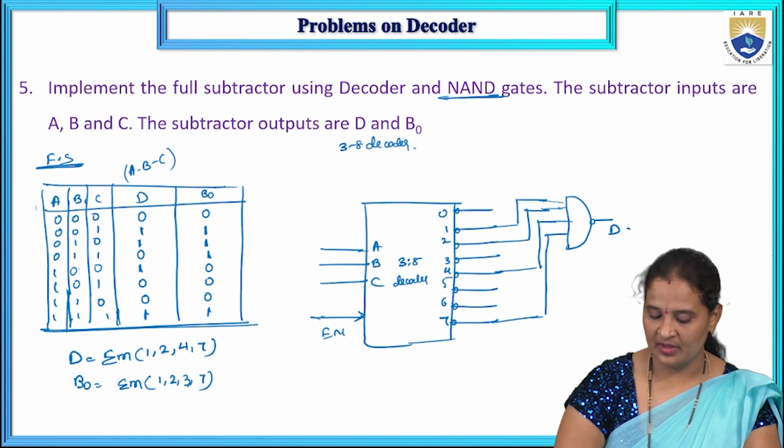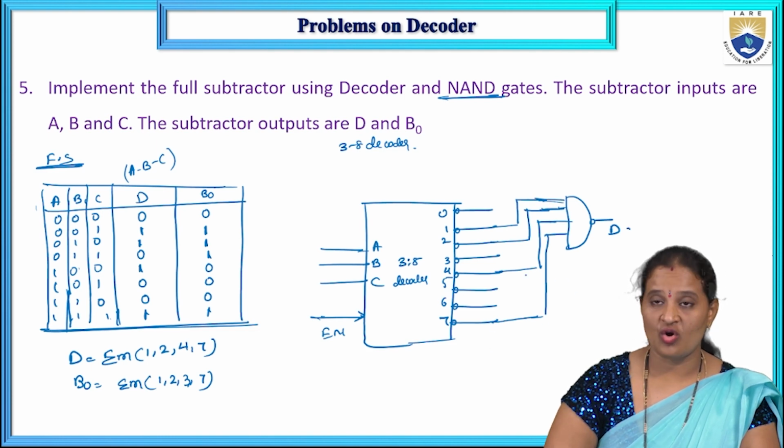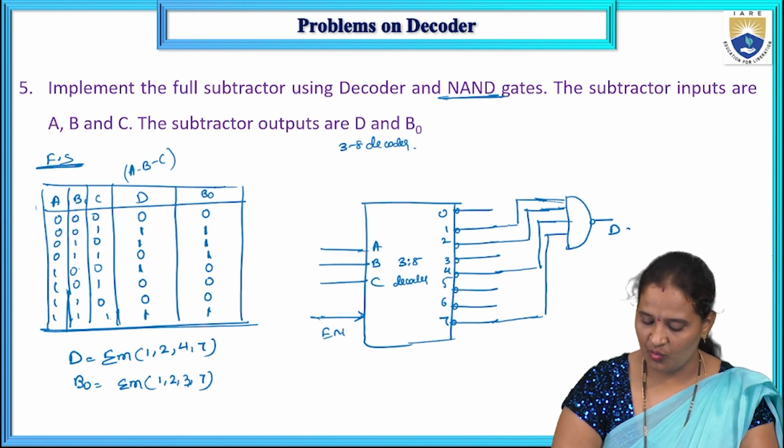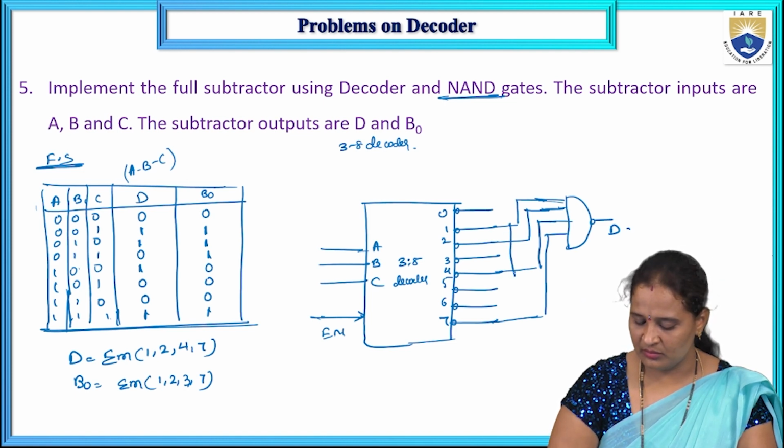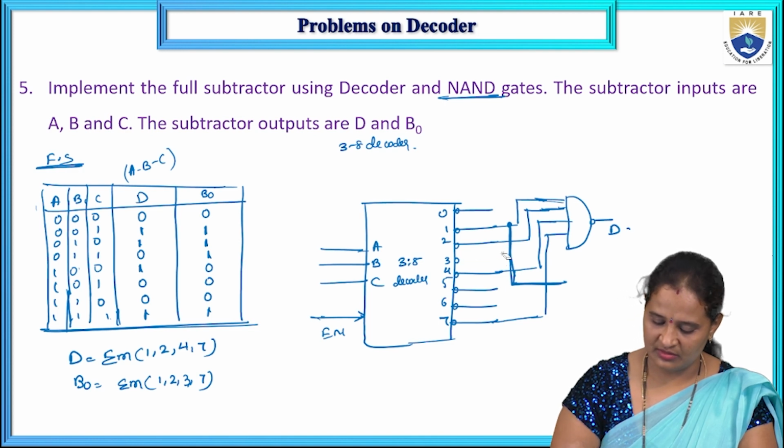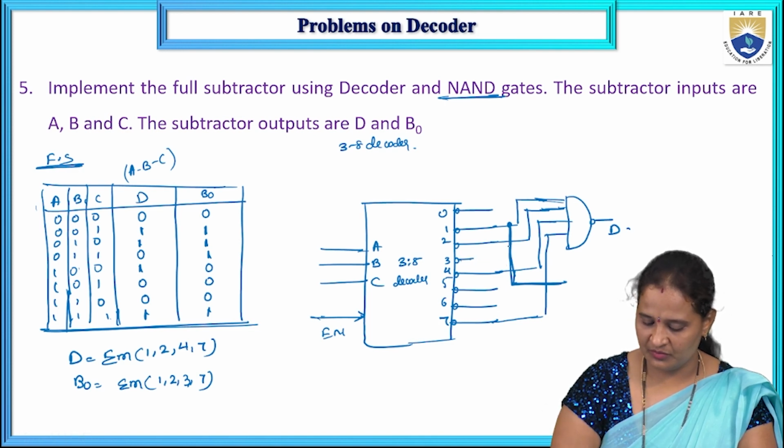Now coming to the borrow output. Borrow output, again I have to take one more NAND gate where it is 1. It is given by 1. Next 2 is there. Just a second. 2.